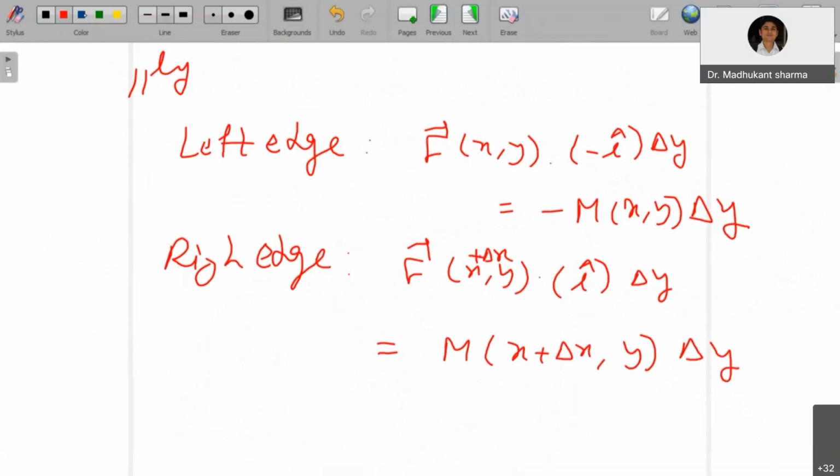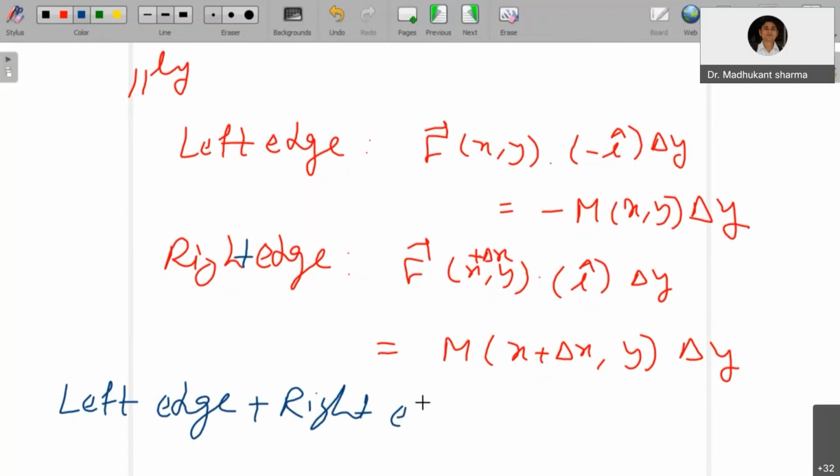Now, similarly as discussed above, across the left edge plus the right edge can be approximated. If you sum up these two, it's going to be dou m by dou x times delta x delta y.